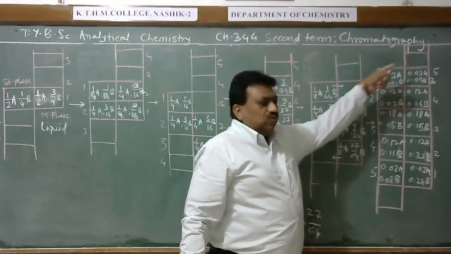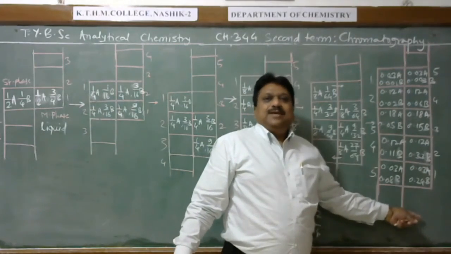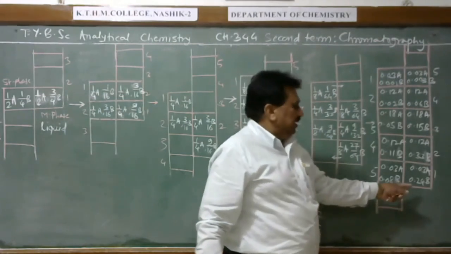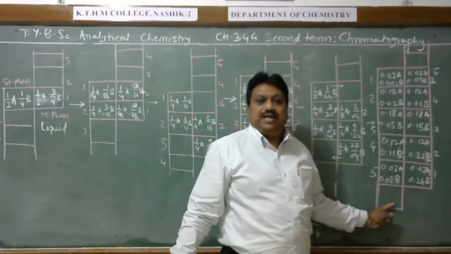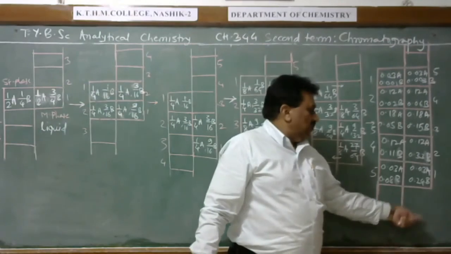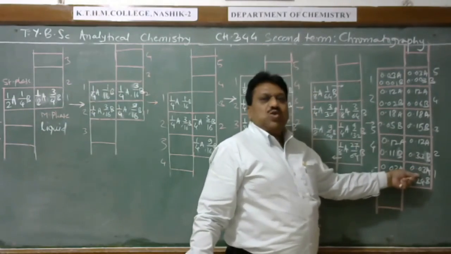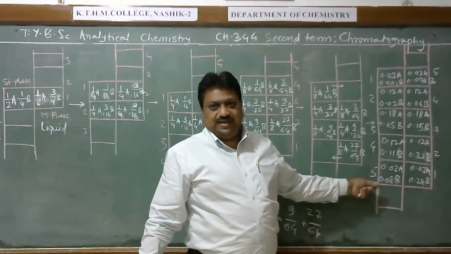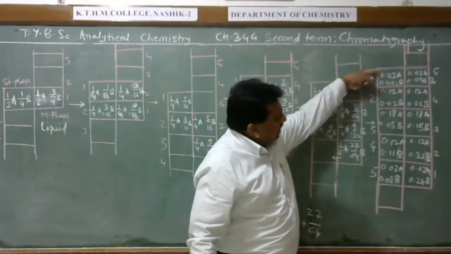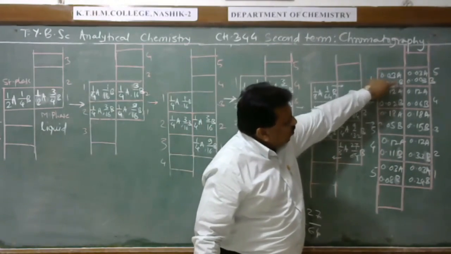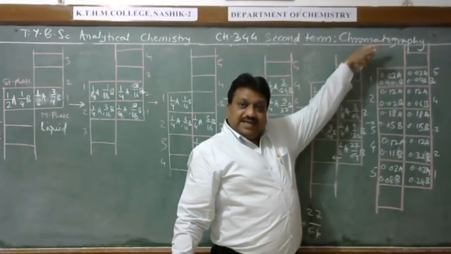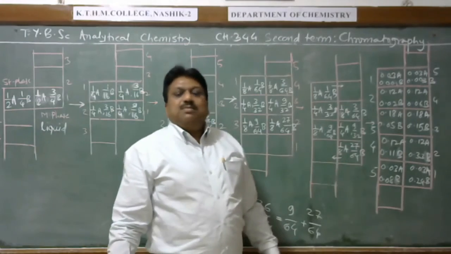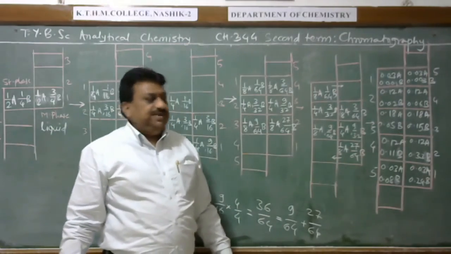Therefore, if we carry out a number of such equilibria, then finally B gets separated from A. That means in the next box we have only B, there is no A. And in the stationary phase we do not have B, because the concentration of B decreases, here 0.001. That will decrease if we carry out a number of such distribution equilibria.